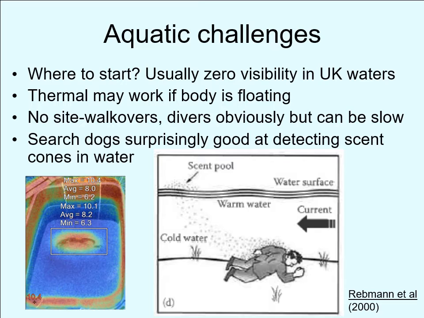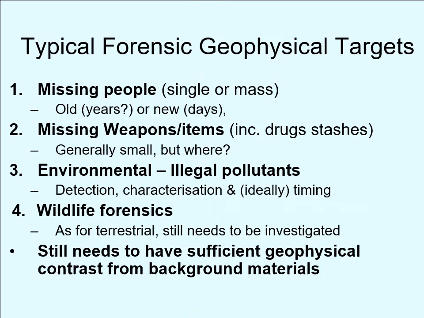Divers obviously are useful, but that's fairly slow if they're trying to grid out a search area. And actually search dogs are surprisingly good at detecting scent cones in water. You can see there's an image here showing you could actually smell a scent down current of whatever the target might be in that example.